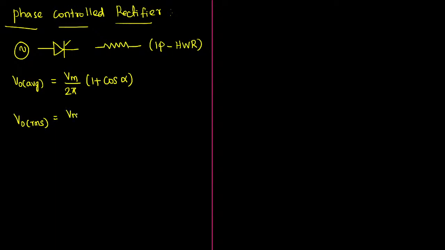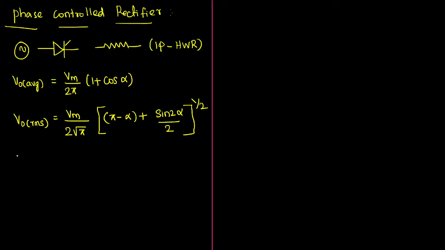This is Vm by 2 into square root of pi into 1 minus... I have to open the bracket. So here it will be pi minus alpha plus sine of 2 times alpha, whole divided by 2. We must keep all this under square root. So this is the V naught RMS formula.